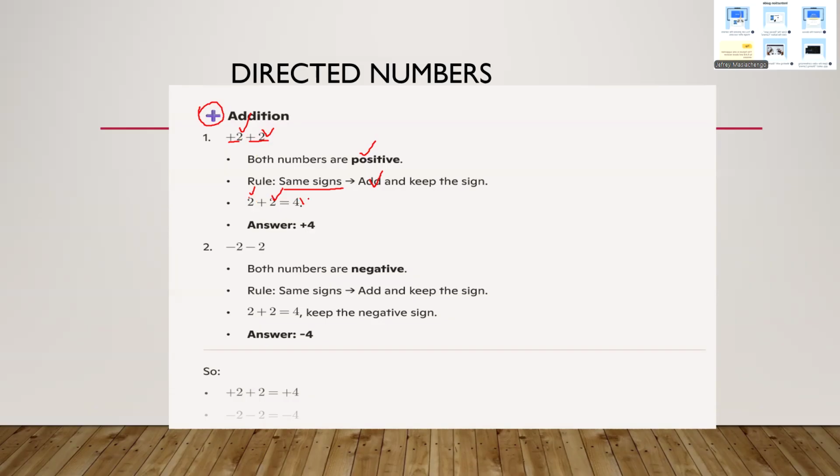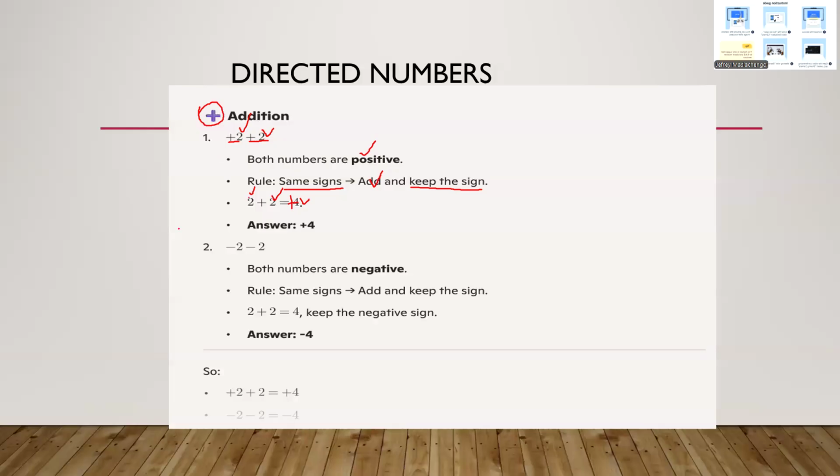The answer is 4. But you're not done. Hold a little bit. You keep the sign. So we maintain the sign. So we put a plus on this 4, like this. Then you are done. So plus 2 plus plus 2 equals plus 4.